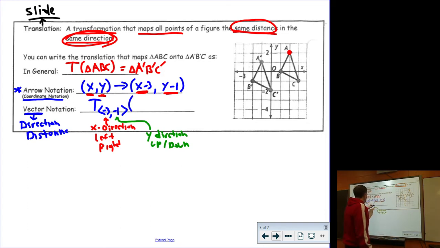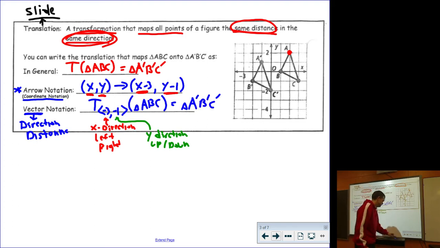And I would still put that triangle ABC equals triangle A prime, B prime, C prime. But the really important thing to learn here is the vector. The vector gives you the direction to move and the distance to move. So, the -3 is telling you to move 3 in the x direction, and since it's negative, it's going to be left 3.